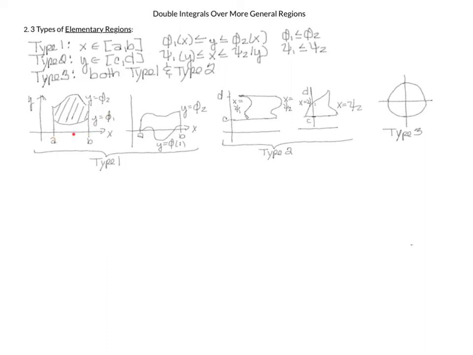So x goes from a to b, and then y goes from phi1 to phi2. This is another example where x goes from a to b, and y is going to go from phi1 up to phi2. You can see then we would set our integral up as x going from a to b, and y goes from phi1 to phi2, and then whatever you're integrating.